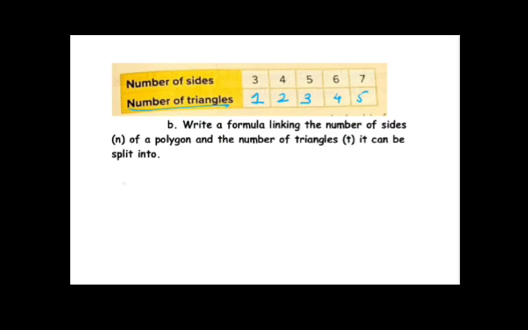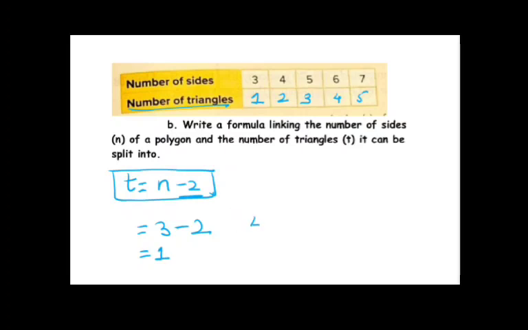What did I say? I will repeat. To get my number of triangles, I need to subtract 2 from the number of sides. So, number of sides 3, if I subtract 2, the constant, I get 1 triangle.